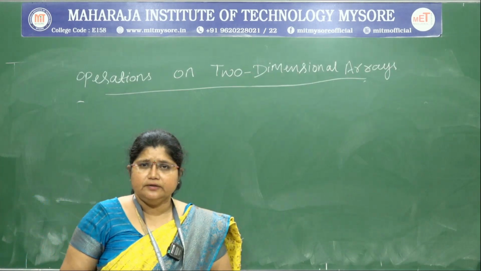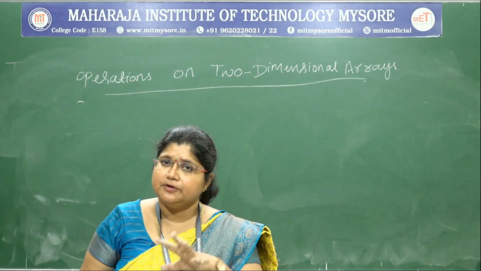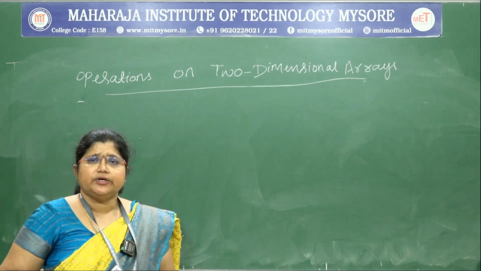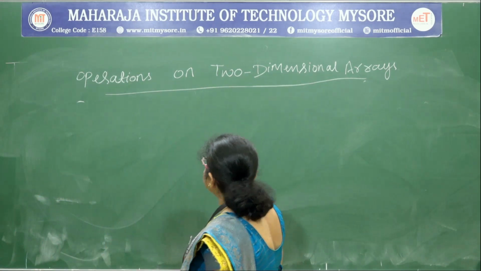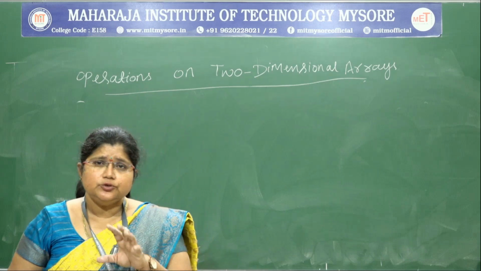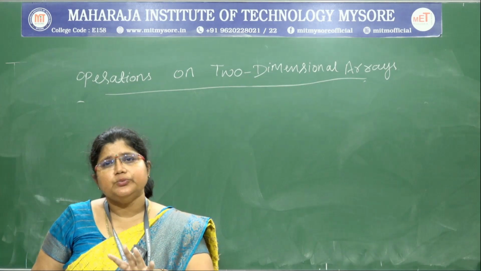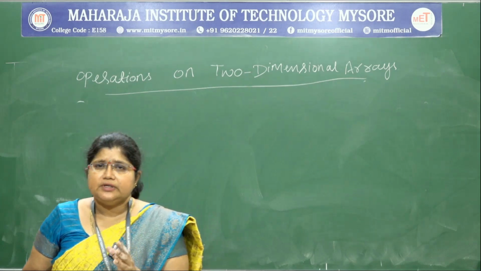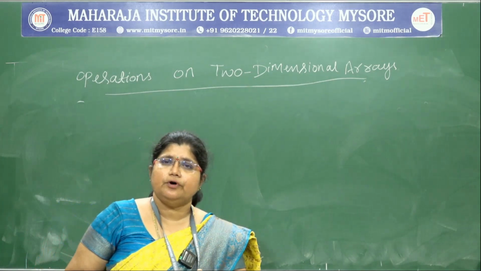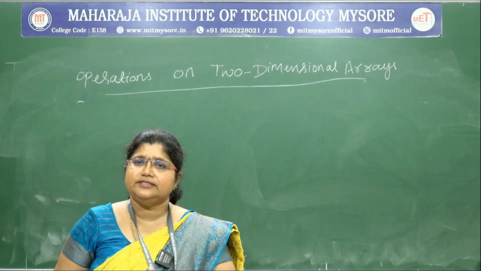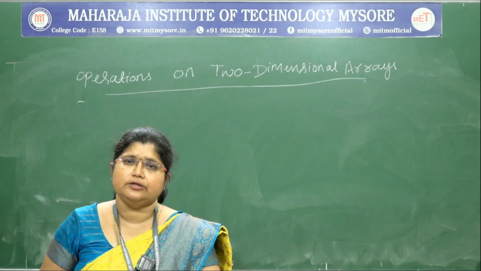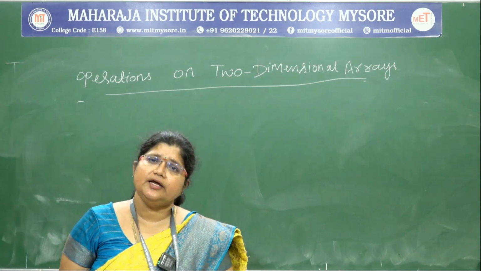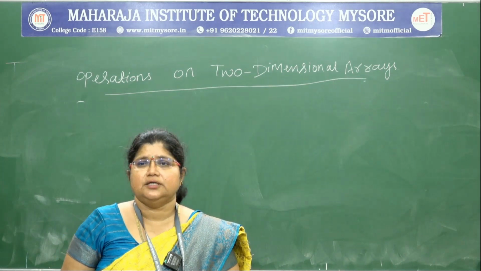Now let us look at the various operations that are performed on the matrix. Now let us look at the operations on two-dimensional arrays. Two-dimensional arrays are just viewed like a matrix. So whatever operations we perform on a matrix can also be done on two-dimensional arrays, because a two-dimensional array itself is a matrix.